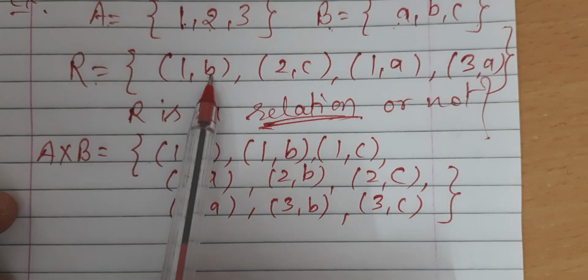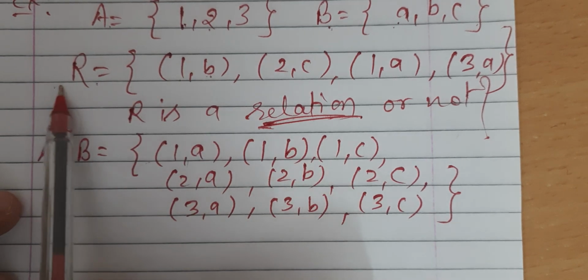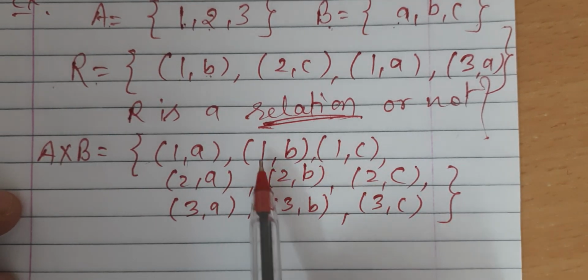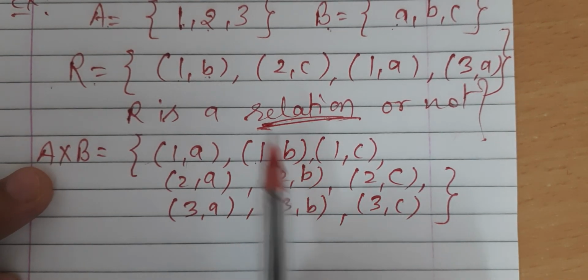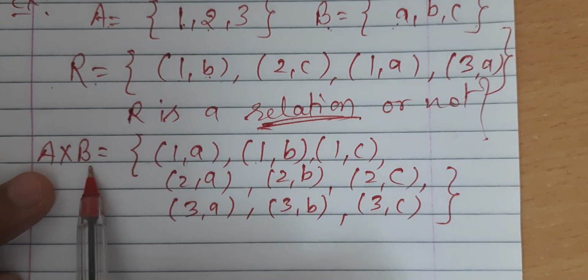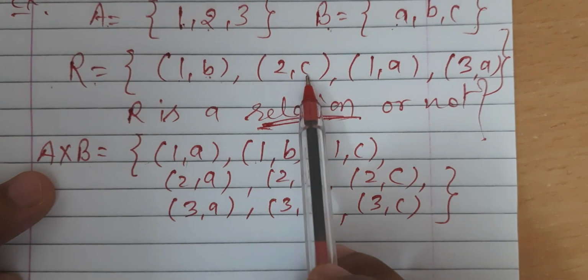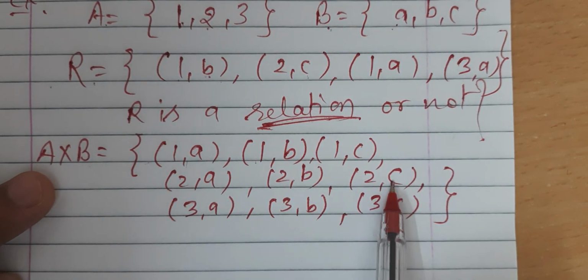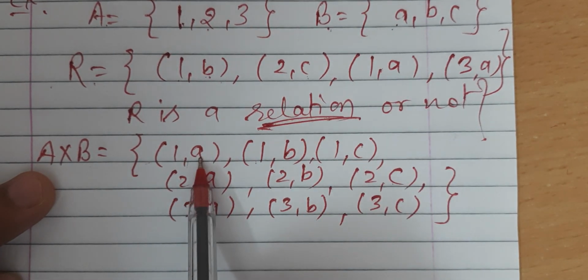So this (1, b) which is in R is also an element of A cross B. Yes, (1, b) belongs to set R as well as set A cross B. (2, c) is here as well as here. (1, a) is here as well as here.